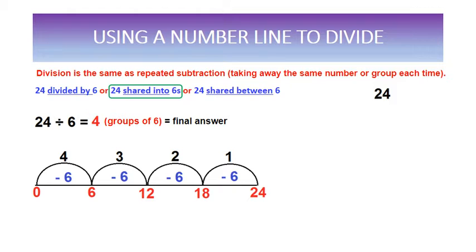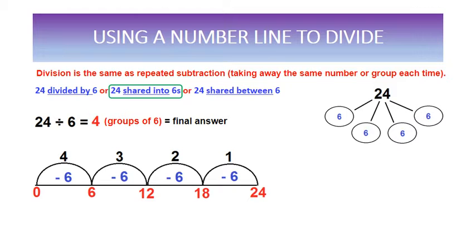Again, if I demonstrate this way, 24 shared into sixes, we can see that there are 4 of them: 6, 12, 18, 24. So I'm using my 6 times table to check. And then if we look at the third way of reading that calculation, 24 shared between 6.